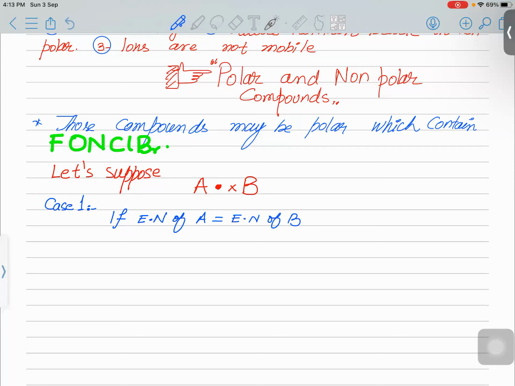Either it is towards A or towards B, or remain at the same position. It remains at the same position. That's why such compounds are non-polar.